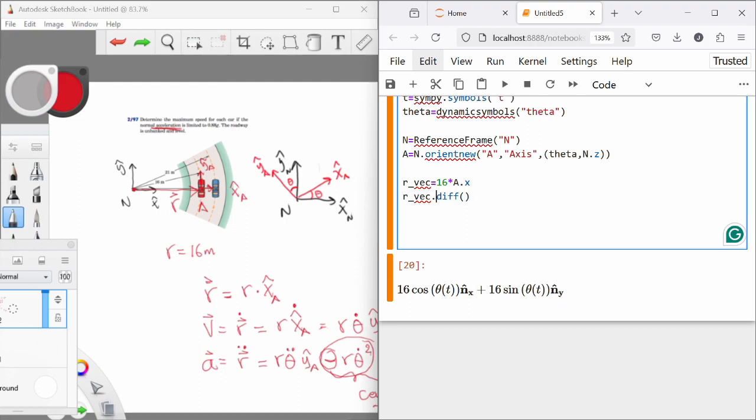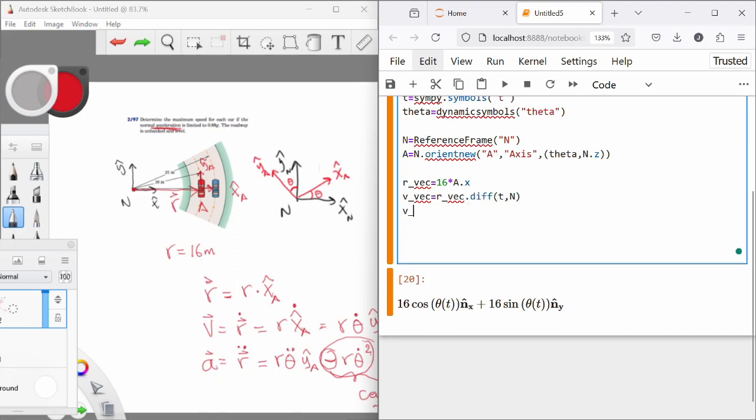Since we want to know the velocity of the vector by looking from the fixed frame so that we can see the absolute velocity of the car, we will compute the derivative with respect to time from the n reference frame. And this is the velocity vector. I will save it in a variable.